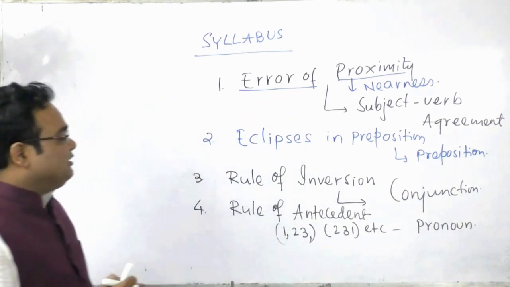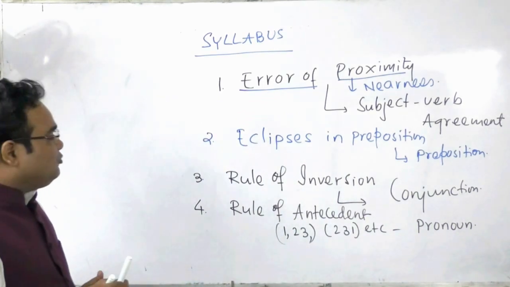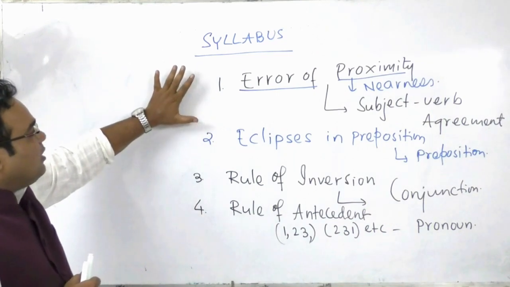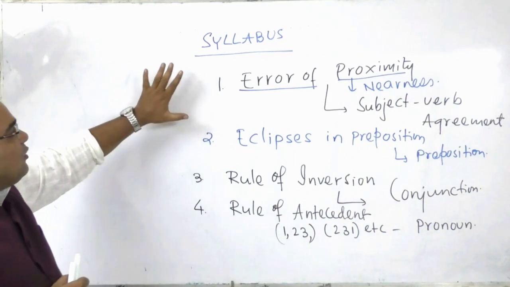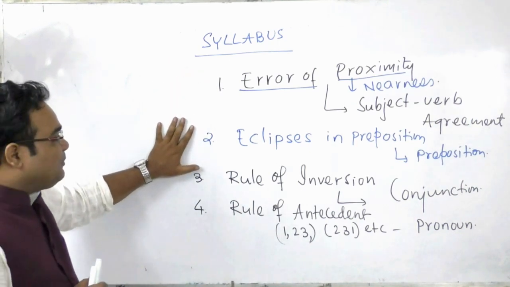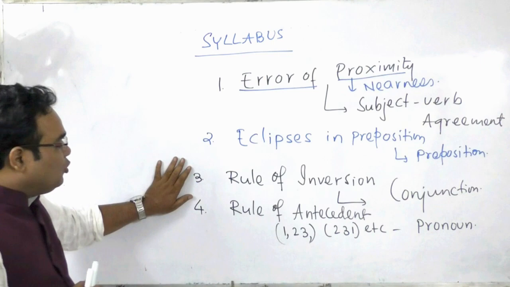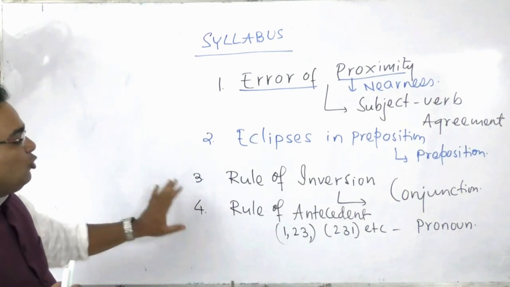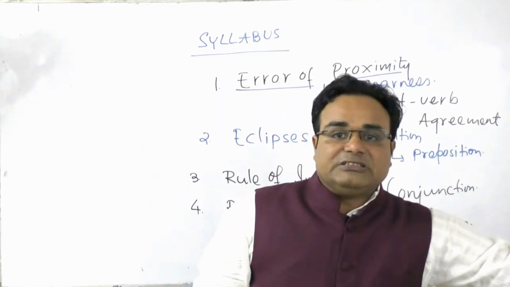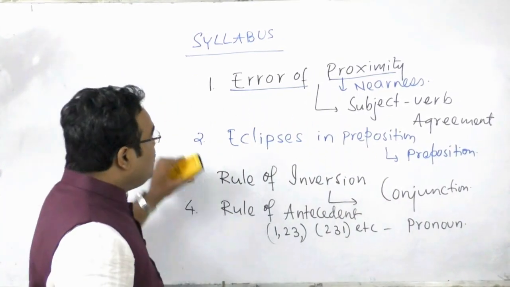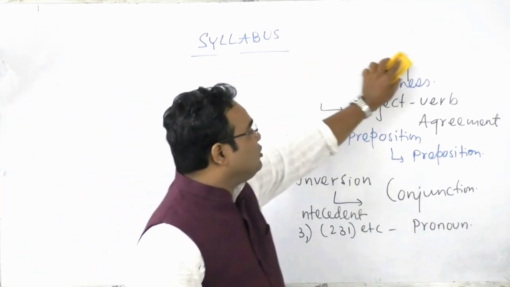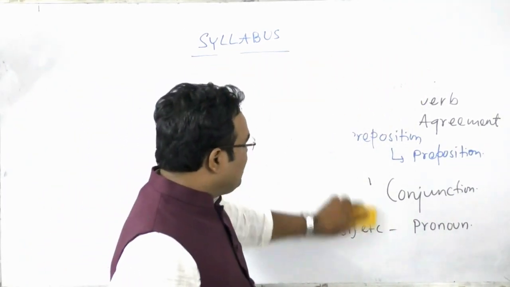Alright. So friends, today I have told you the important syllabus for grammar: first is error of proximity, second is ellipsis in preposition, third is rule of inversion, fourth is rule of antecedent. These are very important from the examination point of view. However, apart from these topics, you can also pay attention to some other topics.